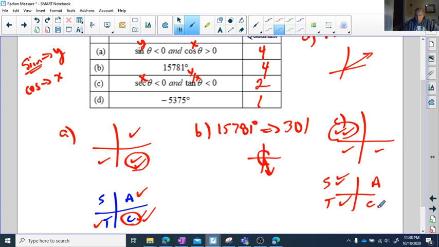So tangent's negative then in the other two. Right? It's positive in 2 and it's negative in 2. So that narrows it down same way, quadrant 2. So hopefully one of those two methods you can now use to figure out where angles will be situated based on whether their trig ratios are positives or negatives.